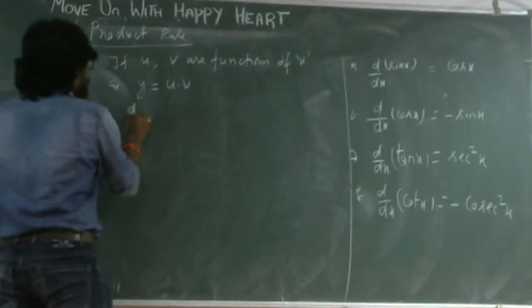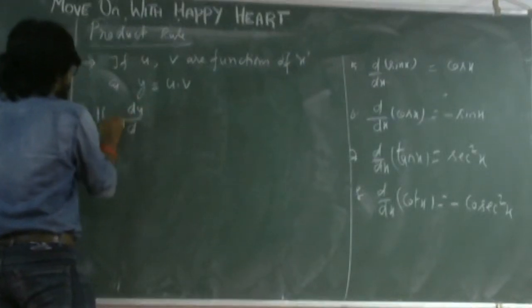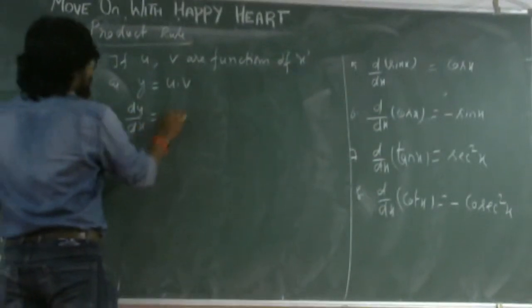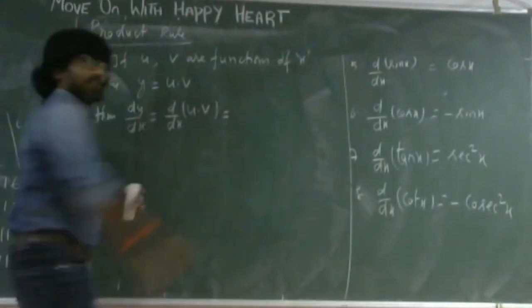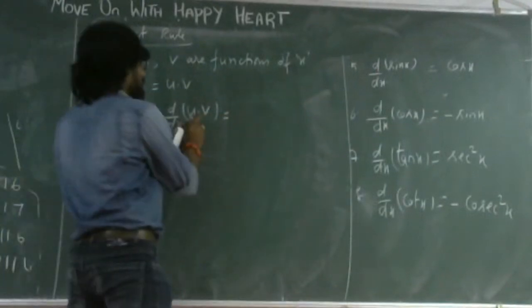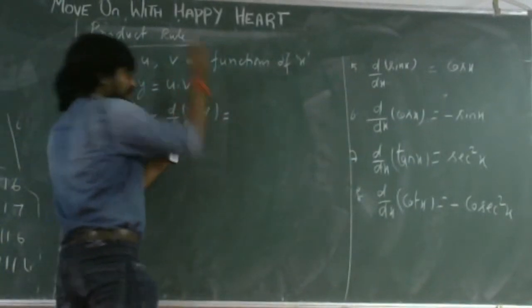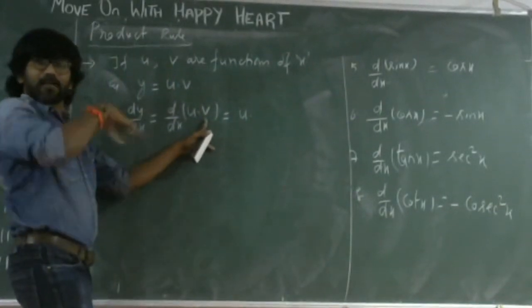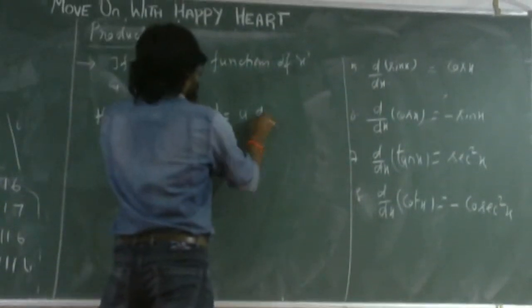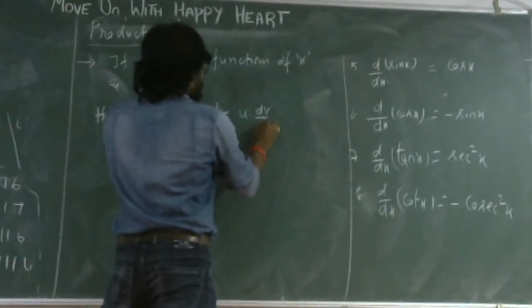Then dy by dx is given by d by dx of u into v is equal to, you have to remember this formula: first function as it is, u, into dv by dx, because you differentiate v.